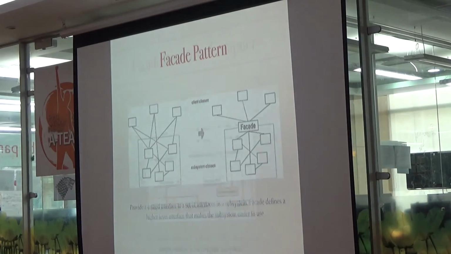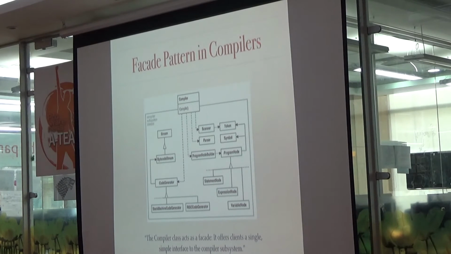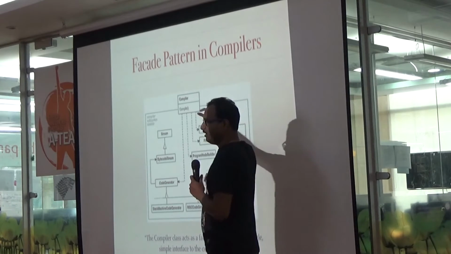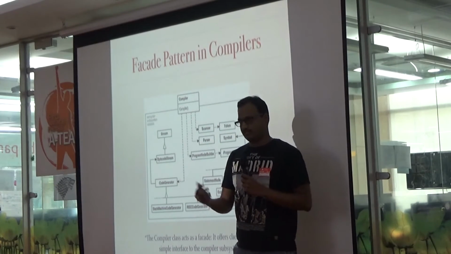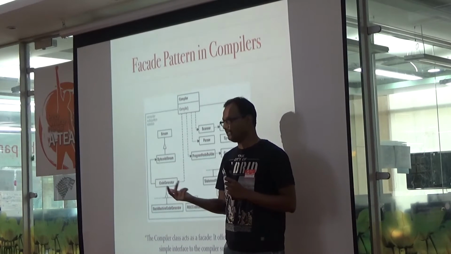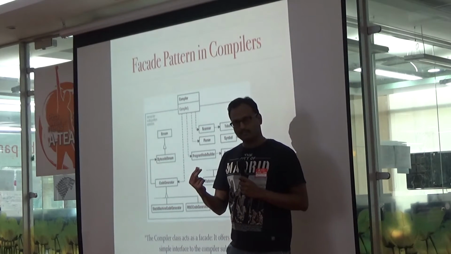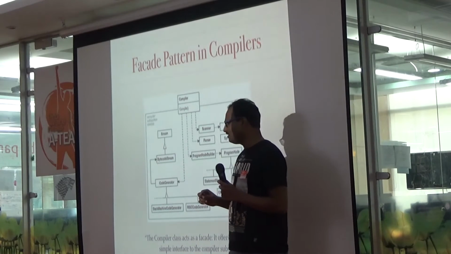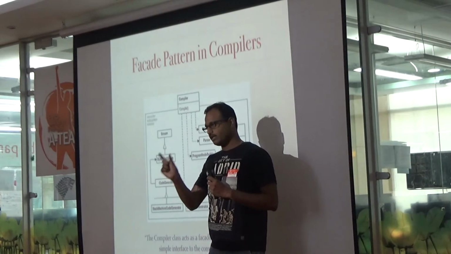Right? Now, in the case of compilers, we have a compiler as a facade. So when I type MCS, the Mono C# compiler, or in the case of Windows, CSC, the C# compiler, that actually is not the compiler.